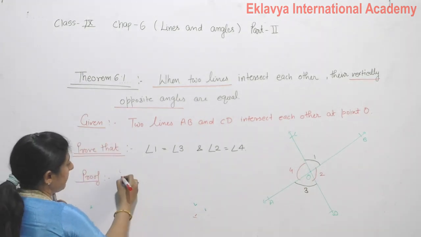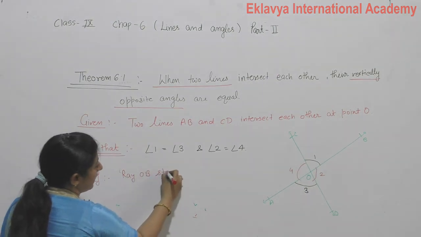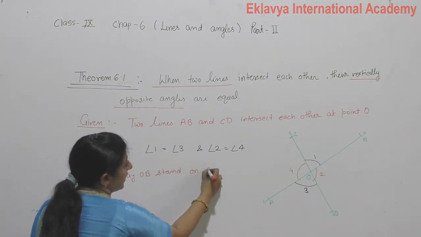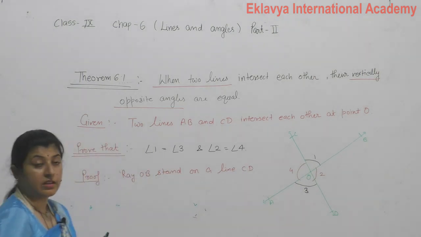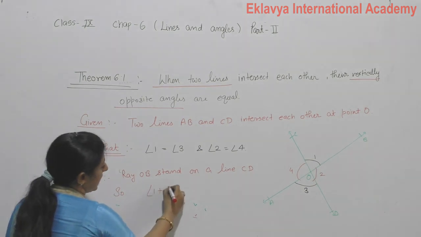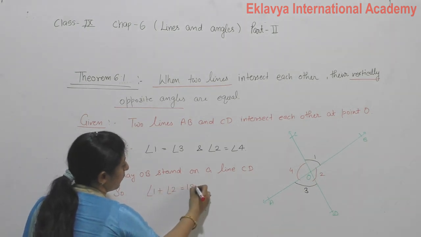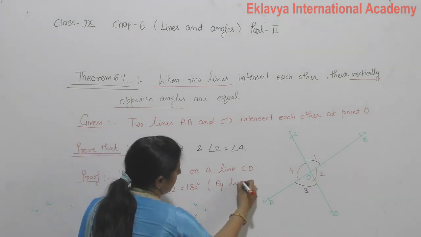We can say ray OB stands on line CD. So angle 1 plus angle 2 is equal to 180 degrees by linear pair.